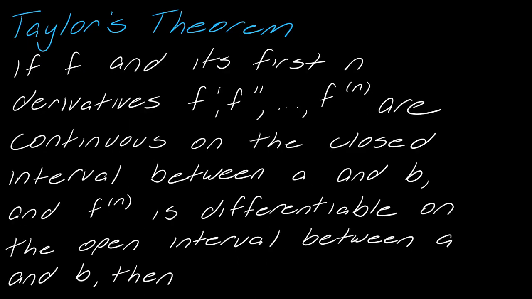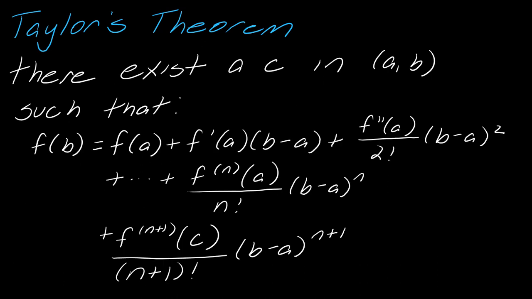Okay, so first let me state Taylor's theorem. If f and its first n derivatives are continuous on the closed interval between a and b, and the nth derivative is differentiable on the open interval between a and b, then there exists a c in that interval such that f of b equals f of a plus f prime of a times b minus a, and so forth, up to the nth derivative of a over n factorial times b minus a to the n.